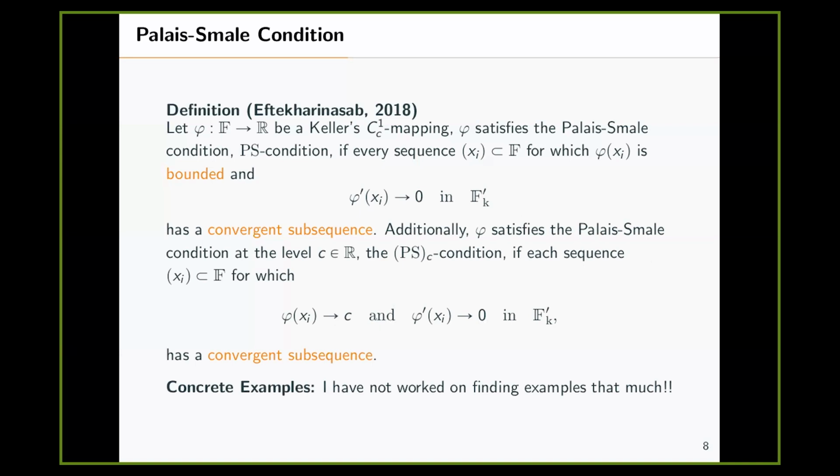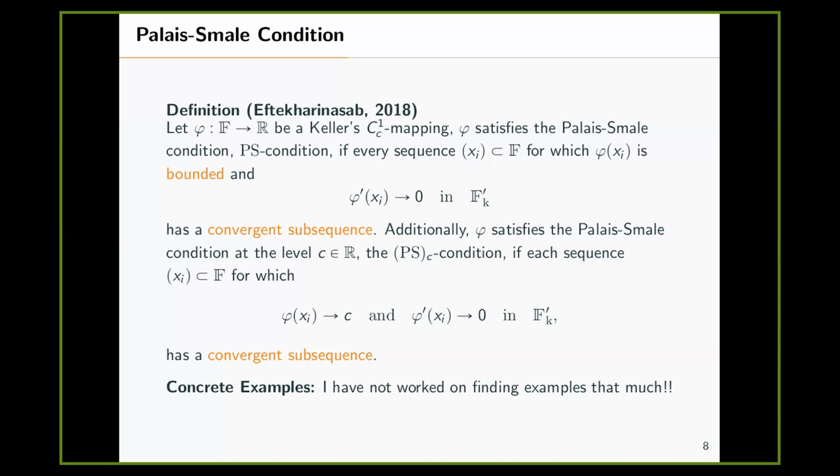About concrete examples of function spaces, despite the fact that I have been working on critical point theory for some years, I have immersed myself much in abstract spaces. For now, I don't have examples of function spaces that satisfy this condition.